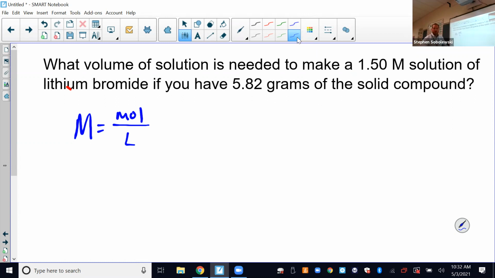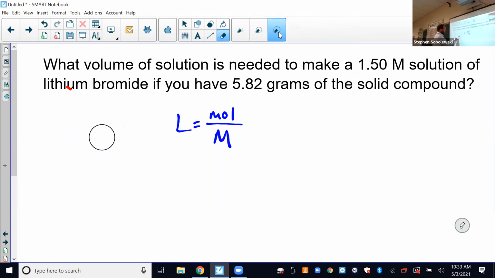Well, I can multiply both sides by liters. So by multiplying both sides by liters, my liters go away over here, and they end up over here. So liters times molarity equals moles. And now if I ask you to solve for liters, it's very simple. We divide by molarity. So liters equals moles divided by molarity. All right, which is the same thing we had before.